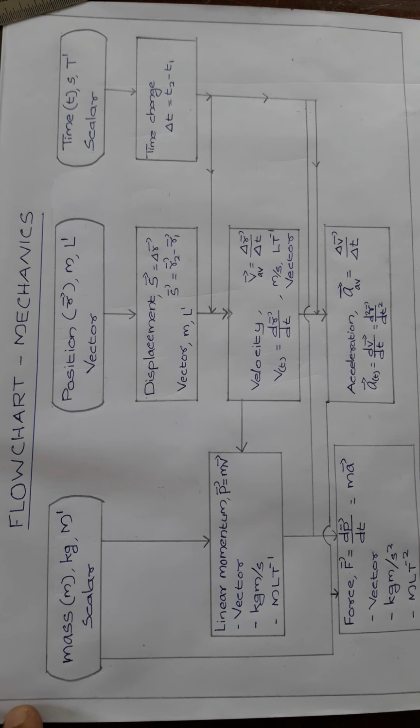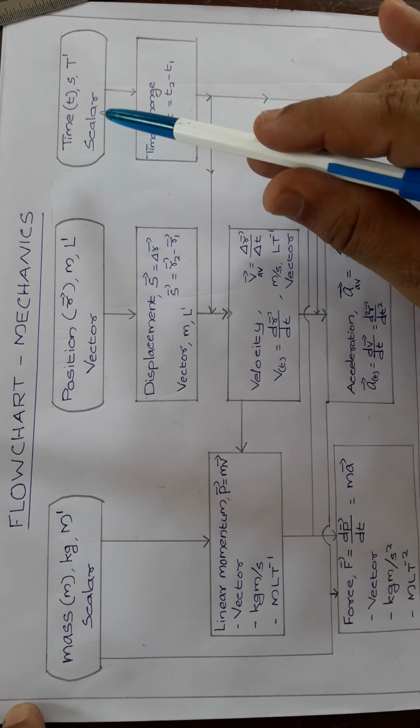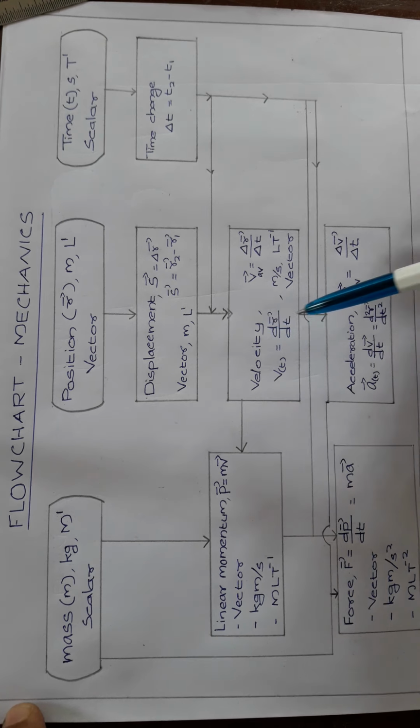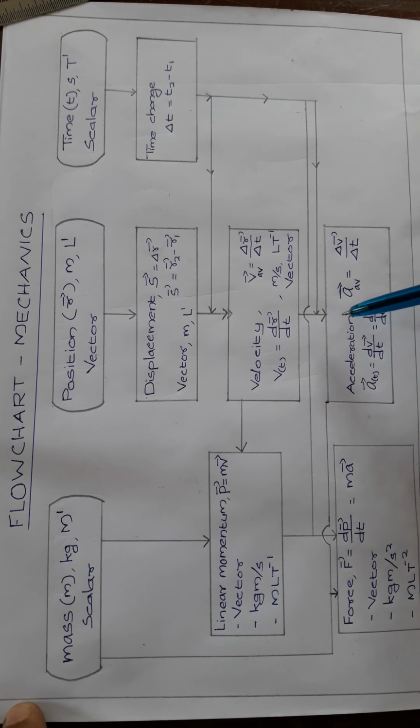So whatever we have seen here is a flow chart that will help you to learn the different units in a simple manner. We can say that position, time change, displacement, velocity and acceleration are the aspects which we require in order to learn motion along a straight line as well as motion in a plane.